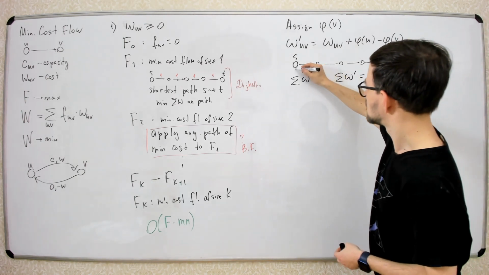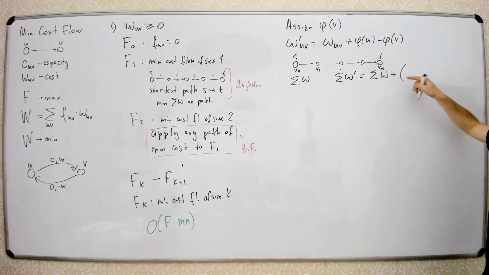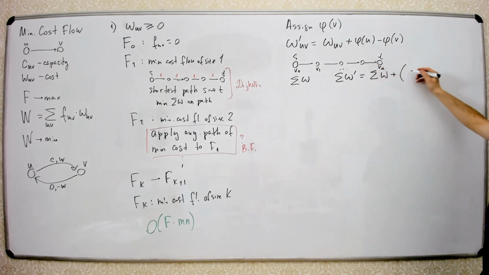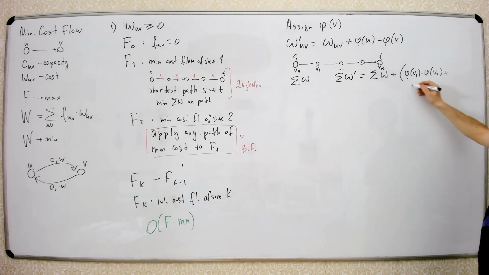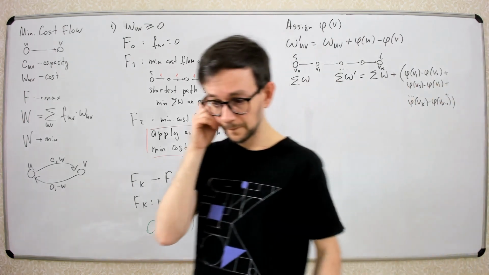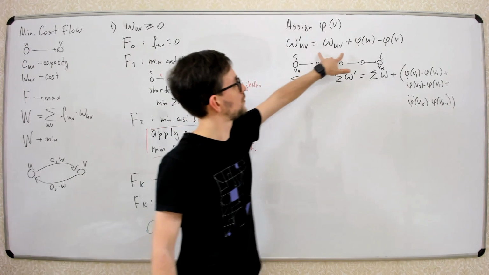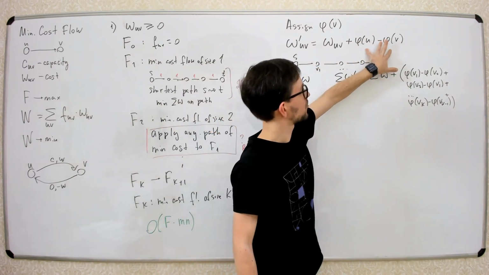So if you say this is, let's say, V0, V1, and so on, Vk, then these differences will give us something like phi of V1 minus phi of V0 plus phi of V2 minus phi of V1 plus and so on plus phi of Vk minus phi of Vk minus 1. I just take the sum of all these, the w's in this sum and all these differences in this sum.